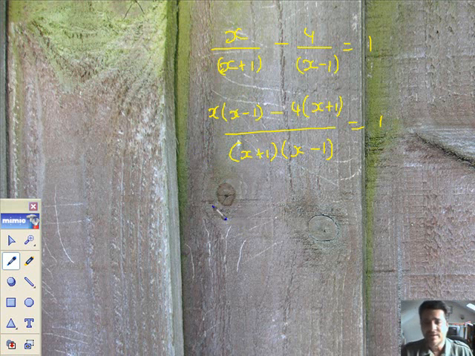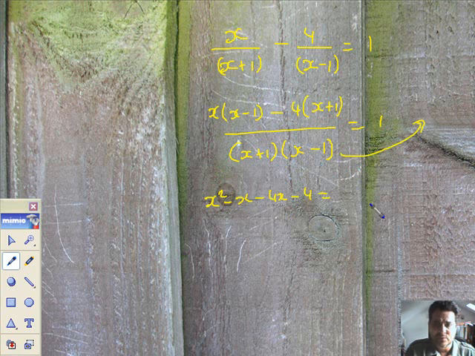Now I've got to proceed very carefully, multiplying out across the top. x squared minus x minus 4x minus 4. I may as well take this bottom part here, the denominator next door, and multiply by 1. So just take it next door straight away, and we'll multiply out in just a moment.